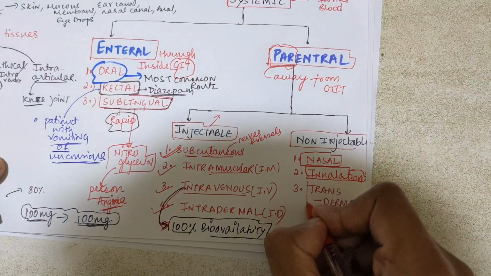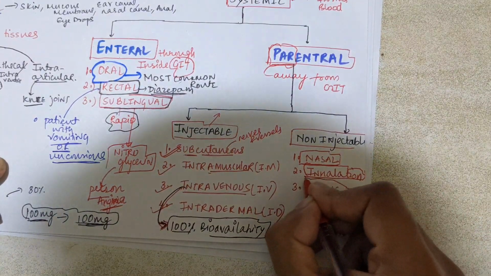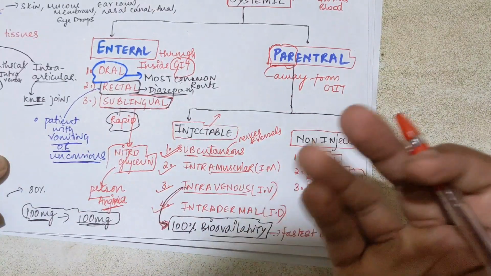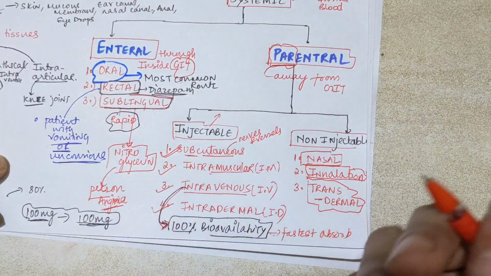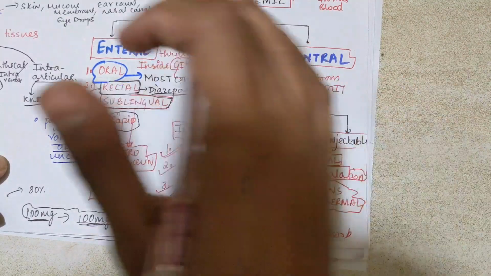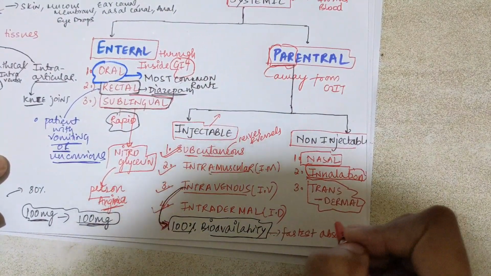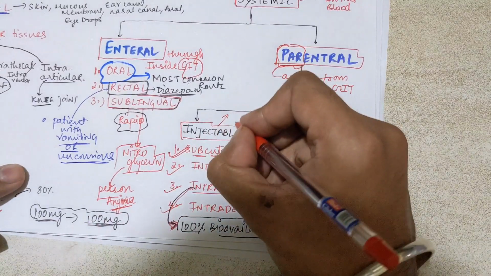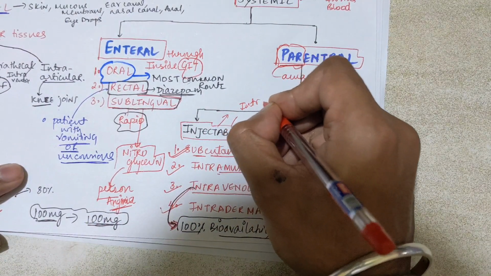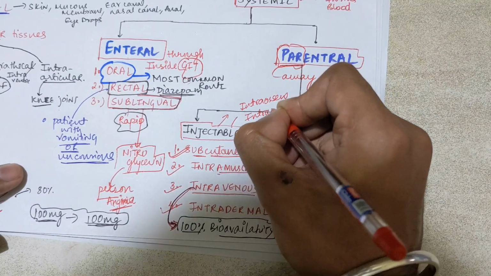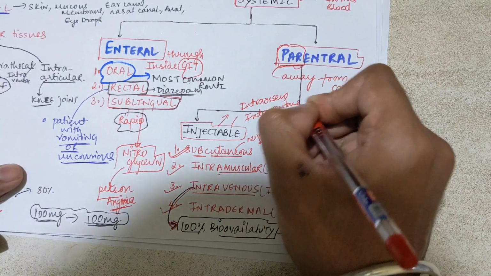And transdermal is actually the patches which you put on the skin. From there the drug the body requires is released slowly. So this is the route called transdermal. And among injectables, there are some routes also like intraosseous, intraperitoneal, and intramedullary.